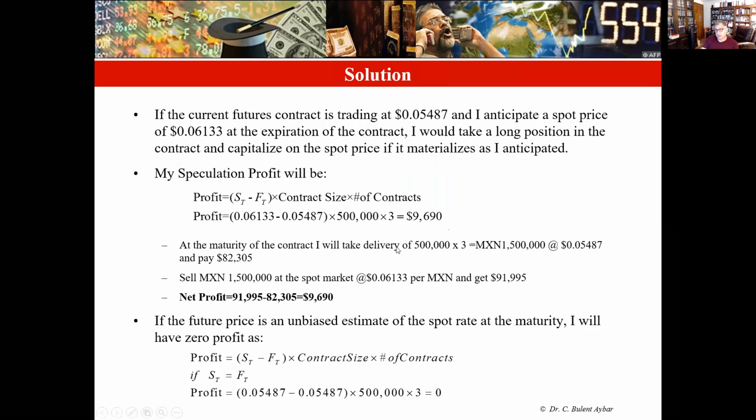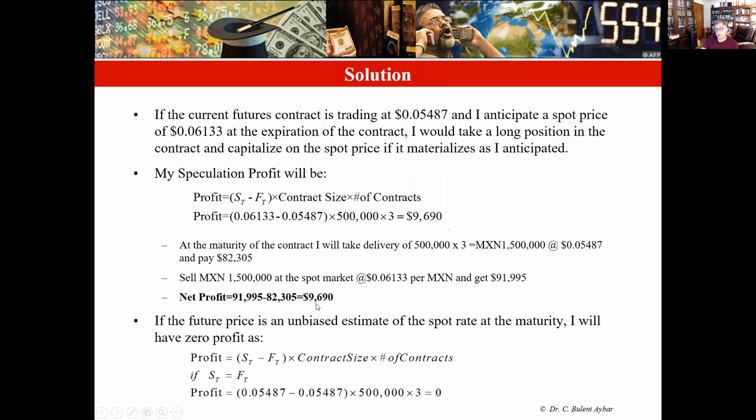When the time comes, that is when the contract expires, I will pay the dollars, which is 82,305, to get 1.5 million pesos. And then I will take my 1.5 million pesos, sell it in the spot market at $0.06133. And I'm going to get $91,995.